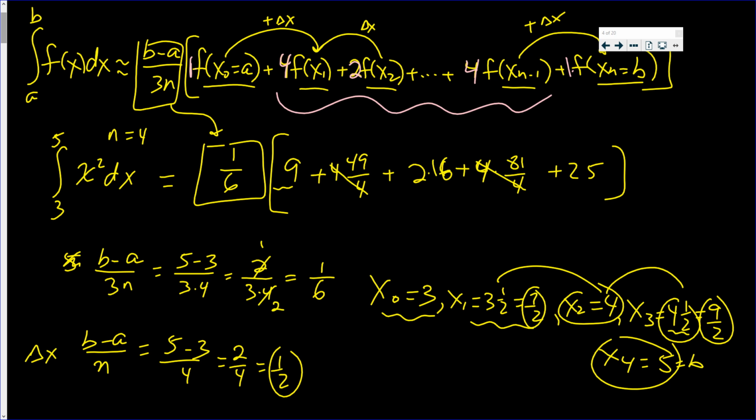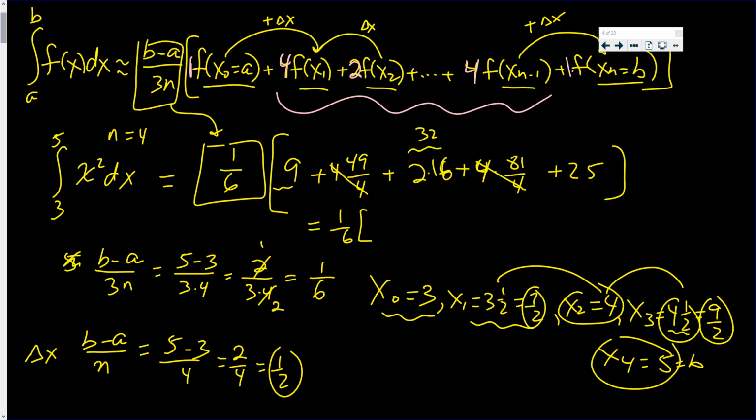Okay, so what we get is the 1/6 in the front, and this number is 49 plus 9, that's 58, plus those two numbers, 30 plus 20 is 50, 2 plus 5 is 57.